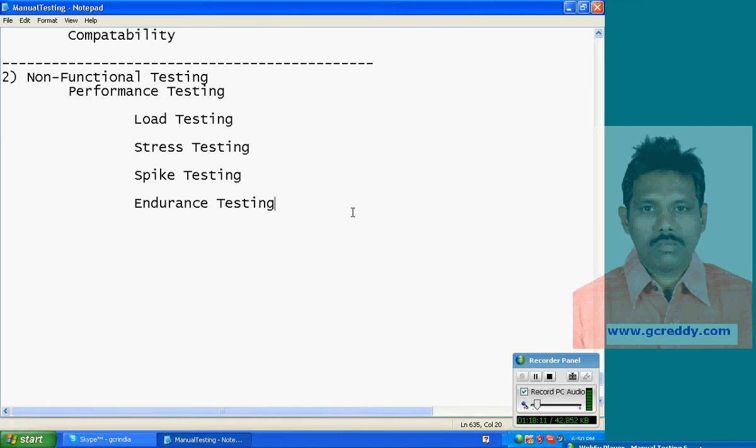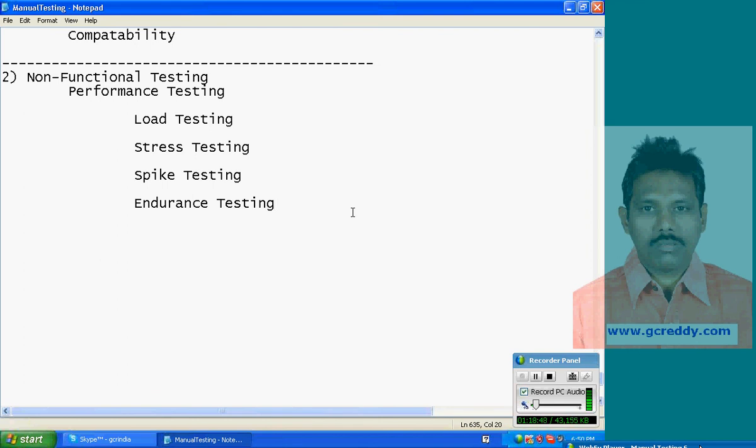Slowly increase. If it is load testing or stress testing, we slowly increase and measure the behavior of the system. But in spike testing, we measure the behavior of the system under sudden changes. See, first 100 users, suddenly 800 users, next 200 users, 1100 users, next 100 users, 900 users. It has to control those conditions.